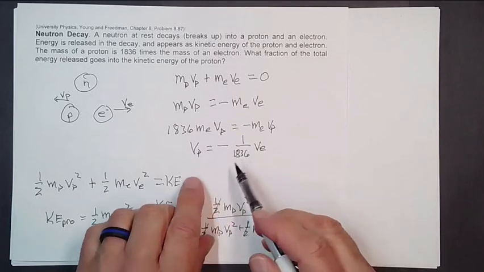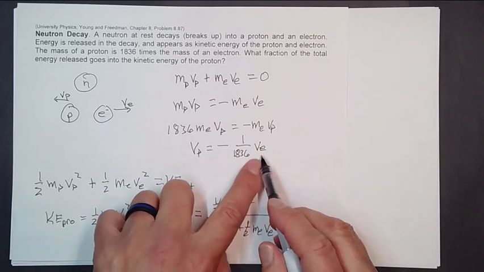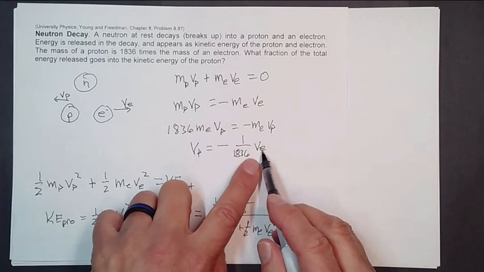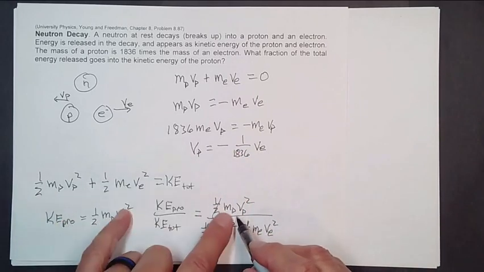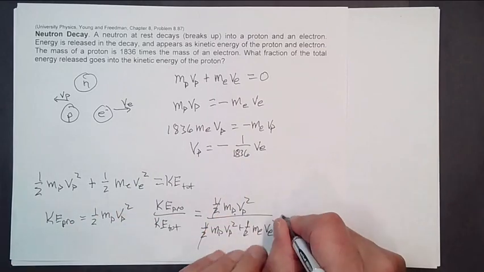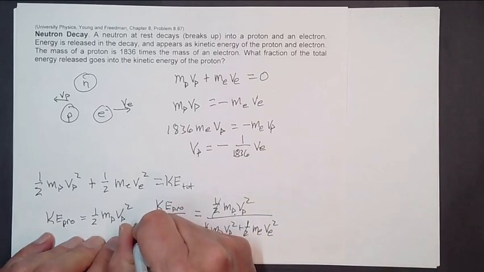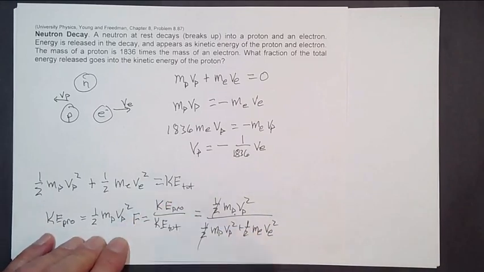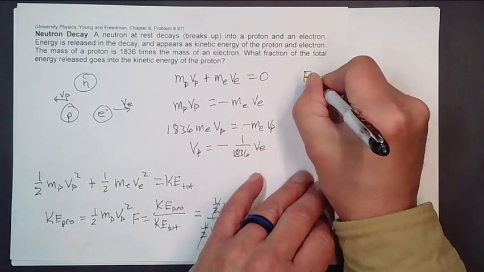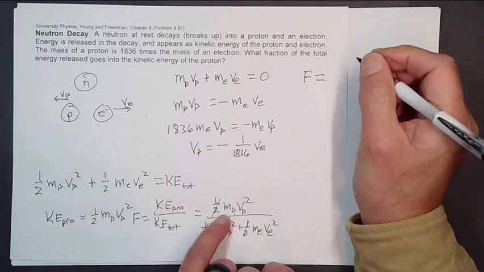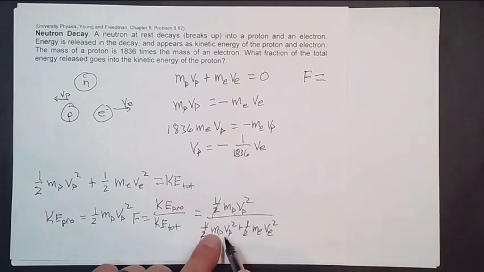Let's see, we know that the velocity of the proton is going to be 1/1836 that of the electron, and the mass of the proton is 1836 mass of the electron. I'm just going to call this capital F for fraction. So starting up here, that fraction is going to equal, everywhere I see a mass of the proton, I'm going to replace it with 1836 the mass of the electron.